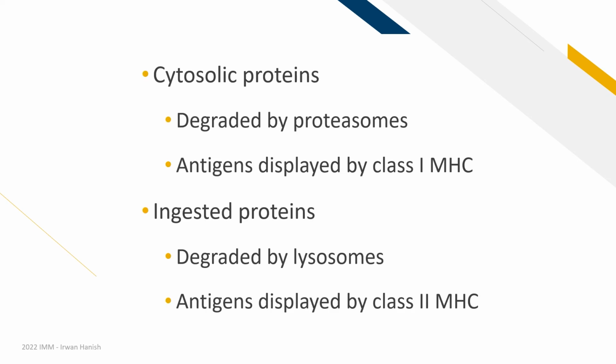Our cells deal with antigenic proteins differently based on whether they are cytosolic or ingested. Cytosolic proteins, which are the ones inside the cytosol, are broken down by proteasomes and then displayed by class 1 MHC. Ingested proteins, which are proteins from the outside, are degraded by lysosomes and then displayed on class 2 MHC.